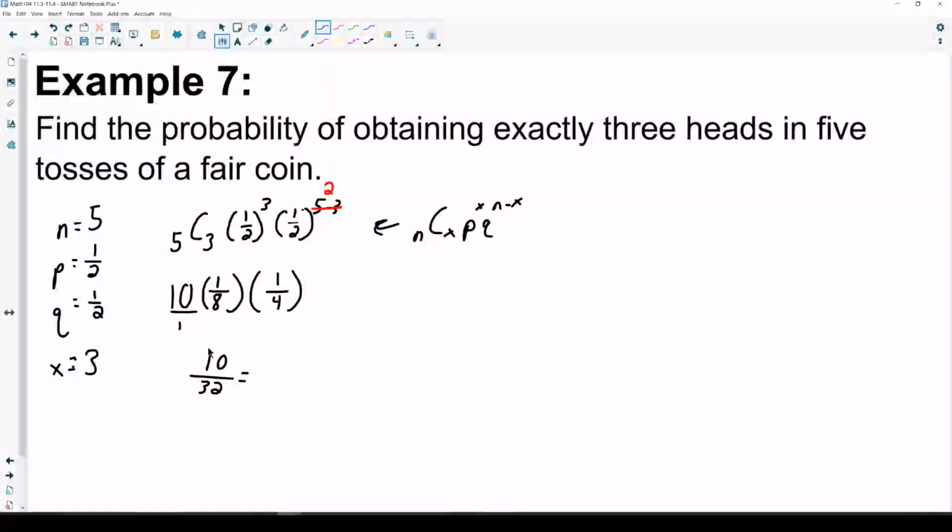We can reduce that by 2, bring it down to 5 over 16. And of course, if you're more comfortable, you can just plug that into your scientific calculator. I assure you that's how I got the combination. So again, n, p, q, and x: number of trials, probability of success, probability of failure, and the number of successes you want in your set.